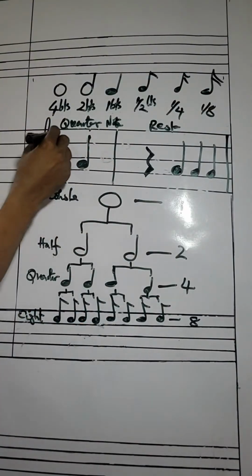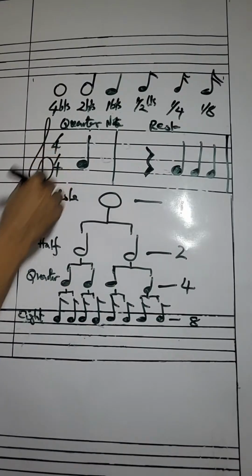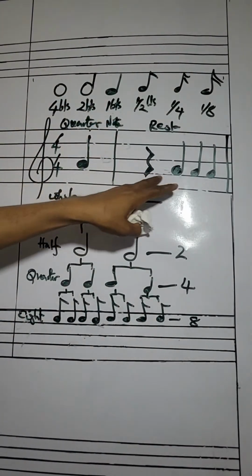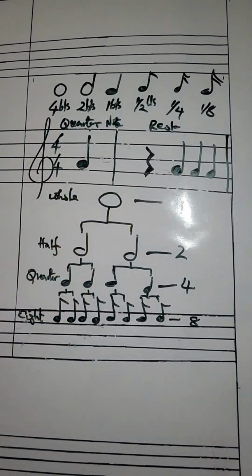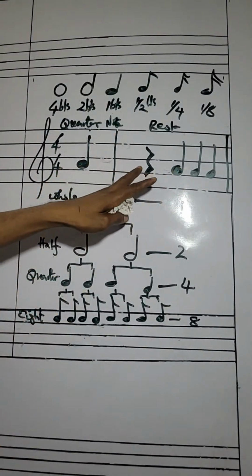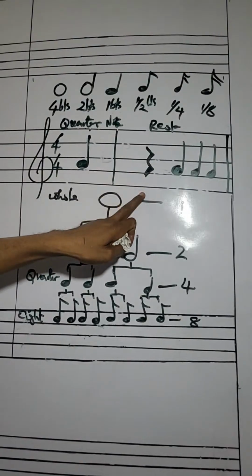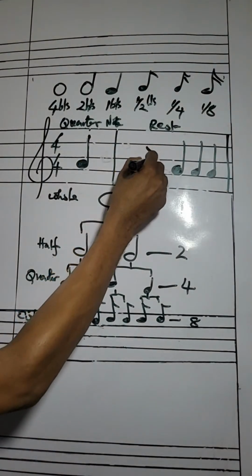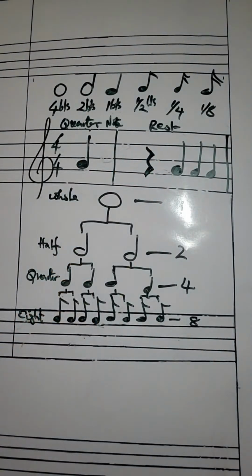Let's say we had 4/4 here. That is telling you that there are supposed to be four beats in a bar. So what you do is you rest for one count, then you play the other 3 counts. So this is how the rest sign of your quarter note looks.